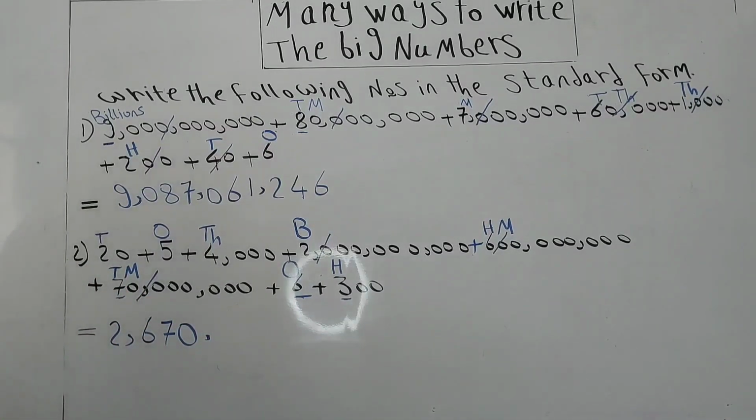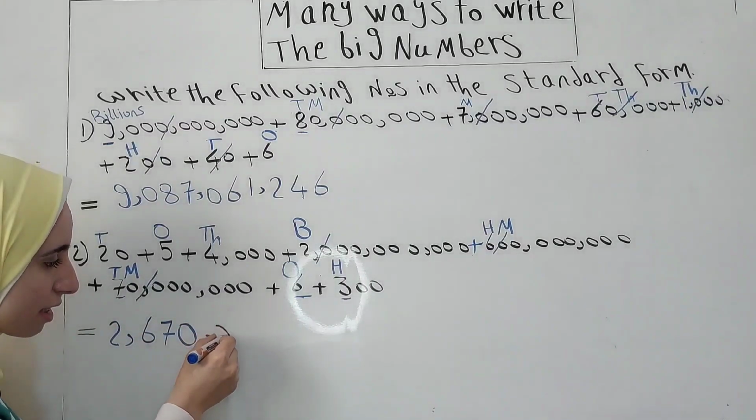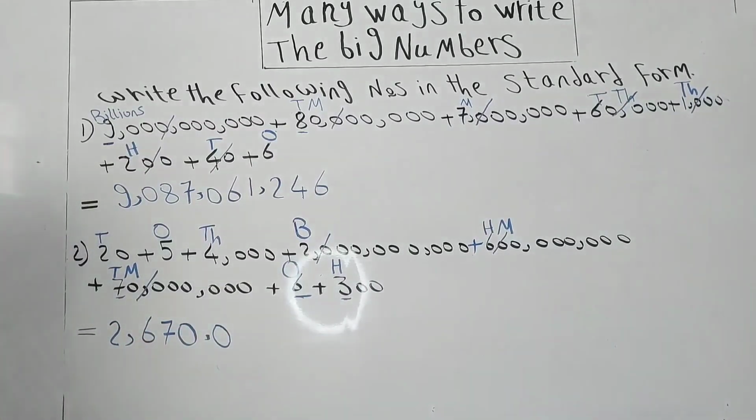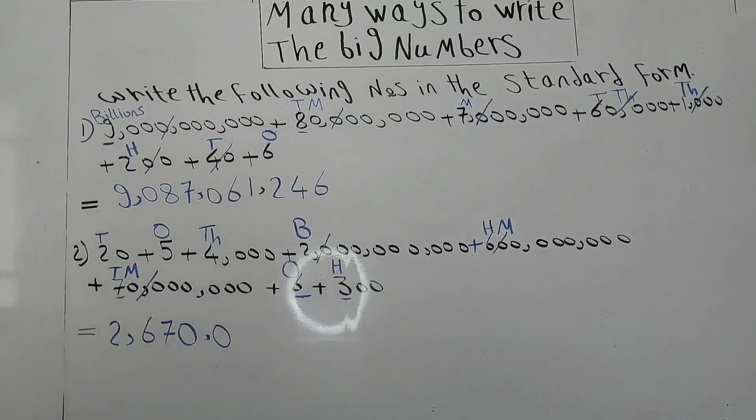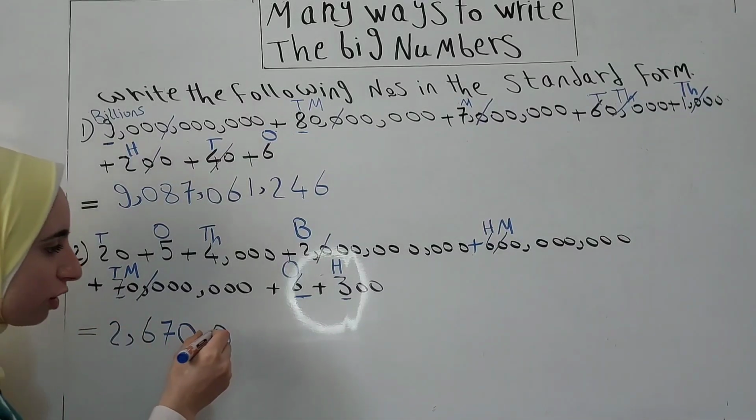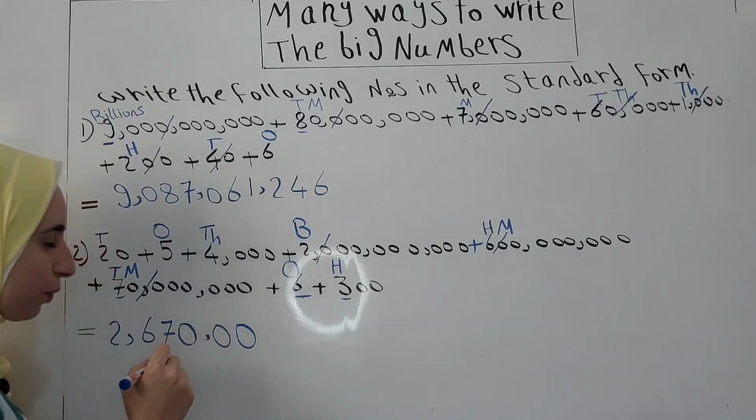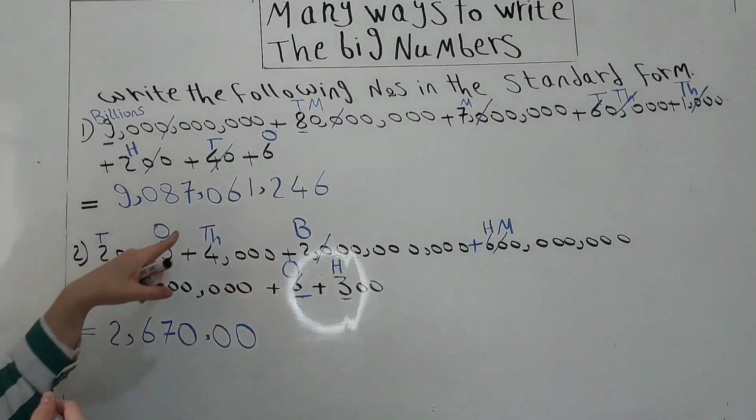Now the next higher place is hundred thousands. We don't find any digit in this place, so we hold this place with 0. Then we go to the next higher place, ten thousands. We don't find any digit in this place, so we hold this place with 0. The next higher place is thousands.